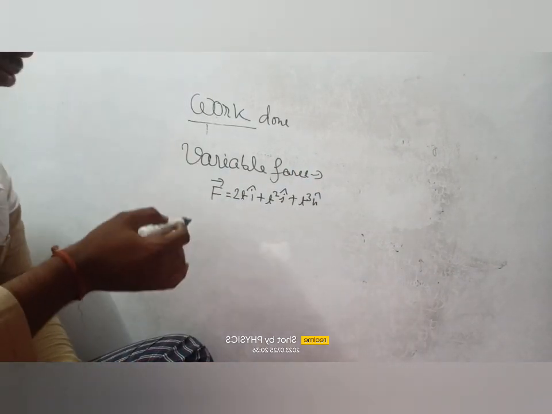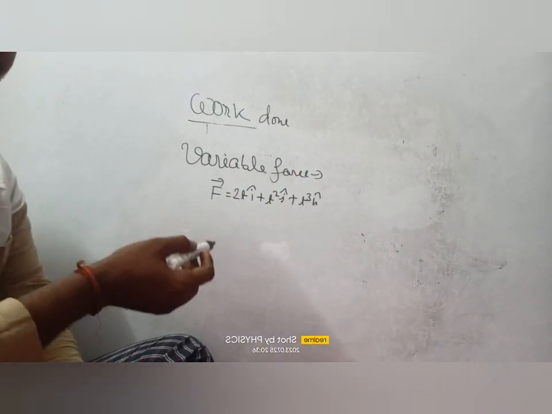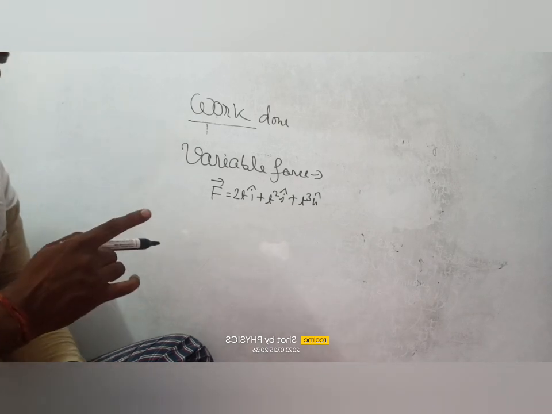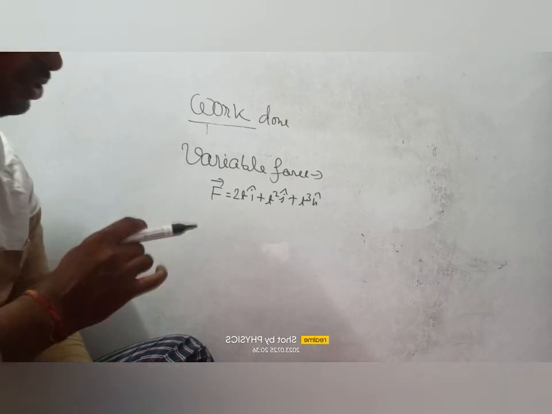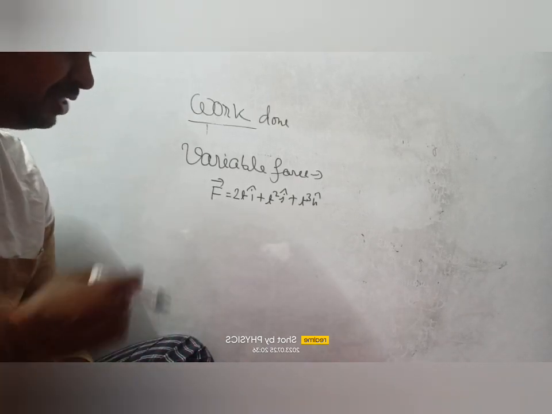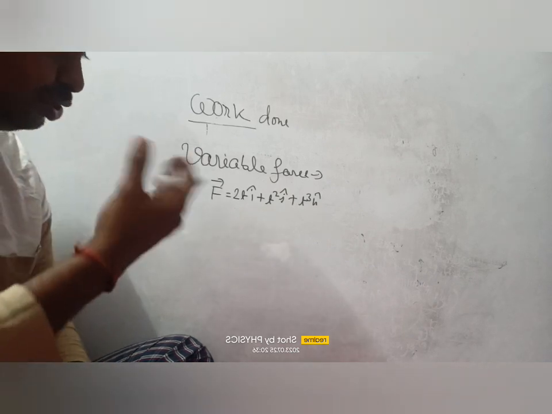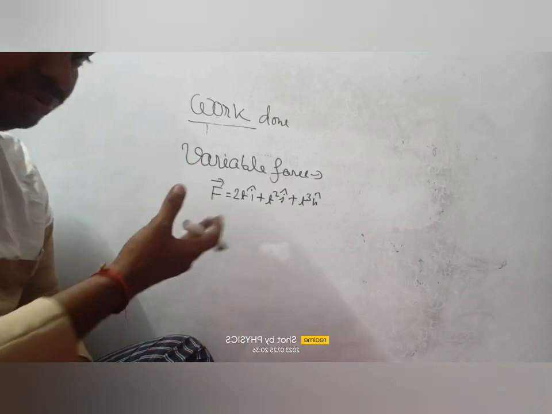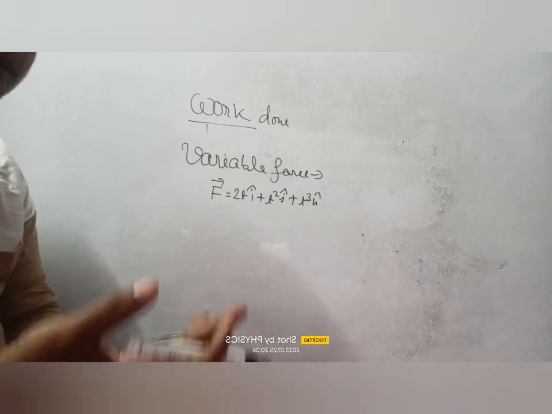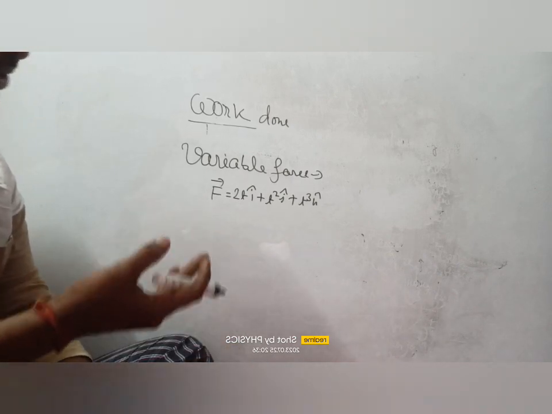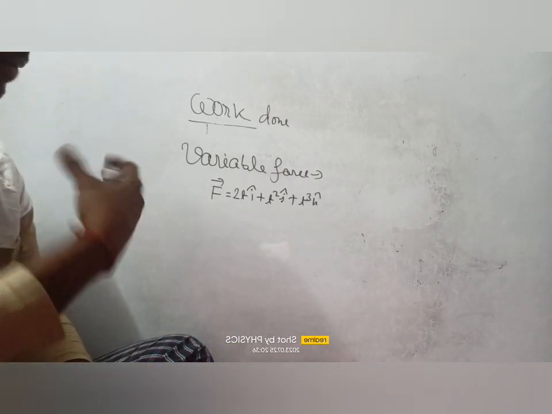So here the force depends on time. If t equals 1, we get the force at one value. For t equals 2, we get the force at another value. So it is a variable force.